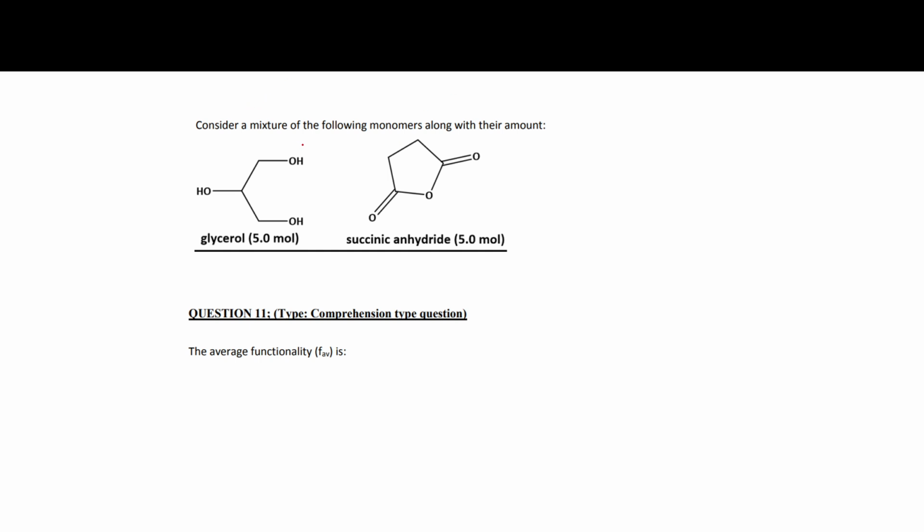Now consider the mixture of the following monomers along with their amounts. We have glycerol 5 moles and succinic anhydride 5 moles. Then we have to calculate the average functionality of this mixture. So what will be the average functionality? This is the general equation I have already told.